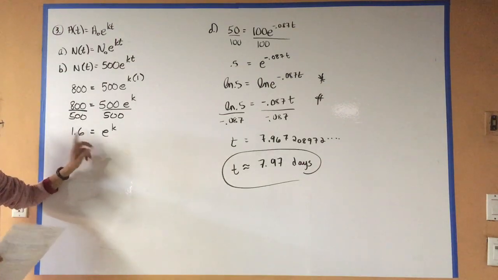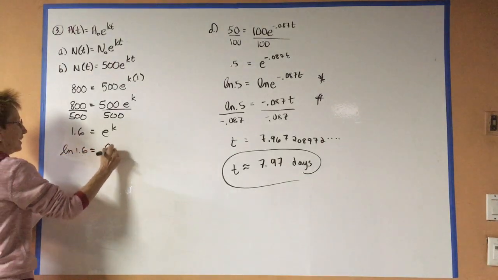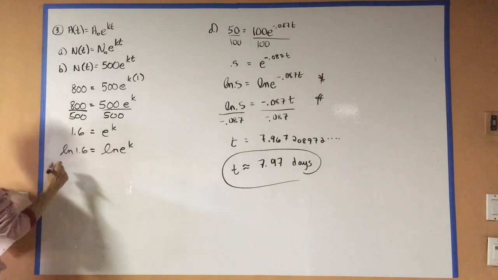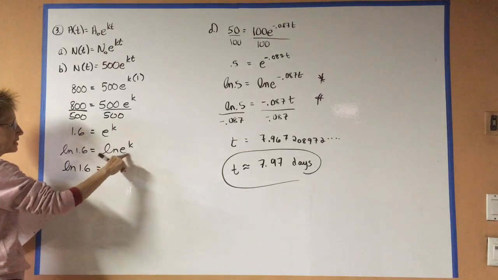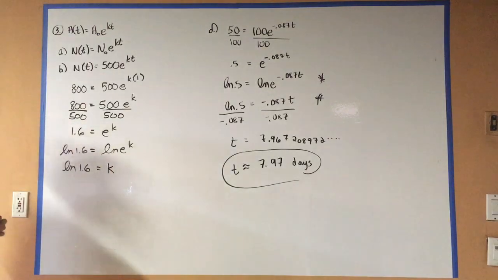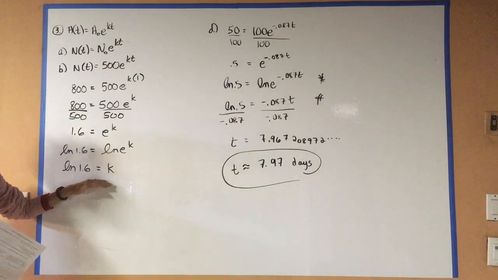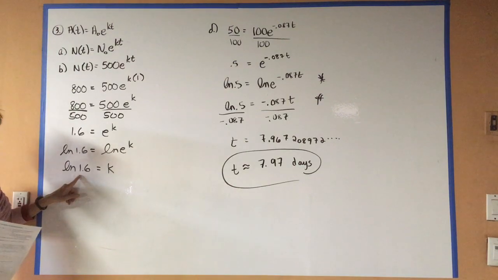So since I see an e, I'm going to take ln of both sides. Again, this is the line I want to see, ln of e to the k. And then I want to see this line, ln of 1.6 is equal to, what does this simplify into? This simplifies into plain old k. Guess what? There's k. Do not put this in your calculator and give me an approximation of it. Do not do that.